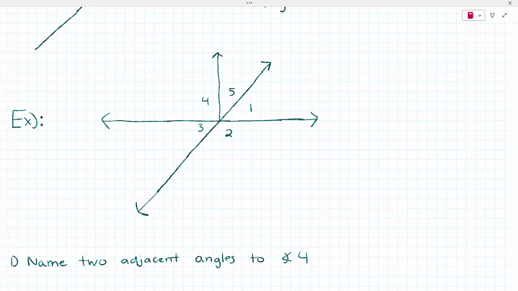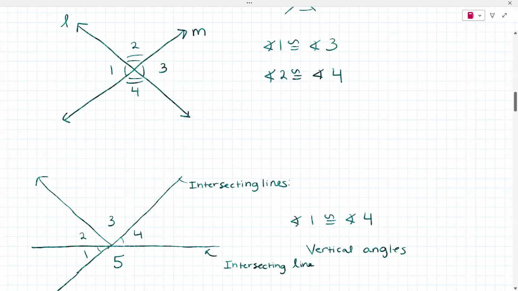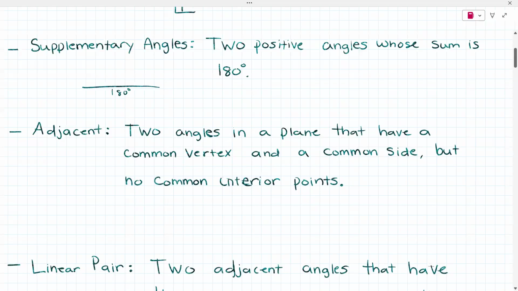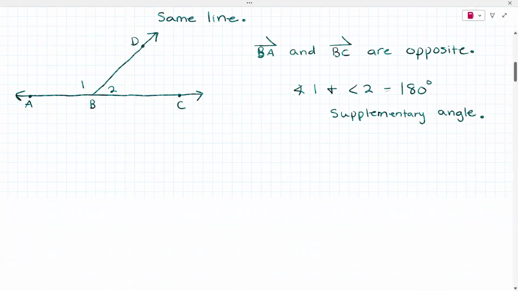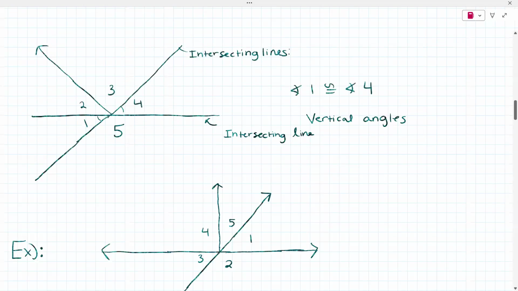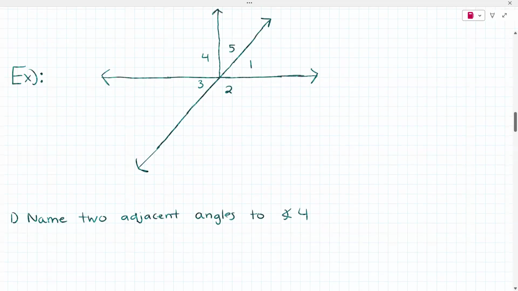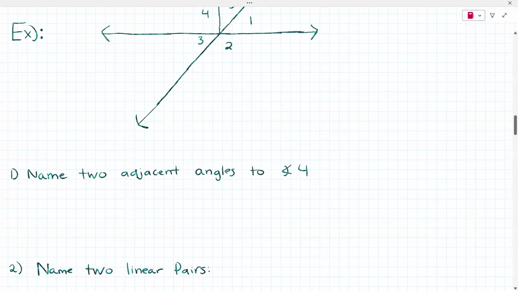It would be 3 and 5. What are adjacent angles again? Angles in a plane that have a common vertex and a common side, but no common interior points. If you look at our example, the common side is this ray. That is why two adjacent angles to angle 4 are angle 3 and angle 5.